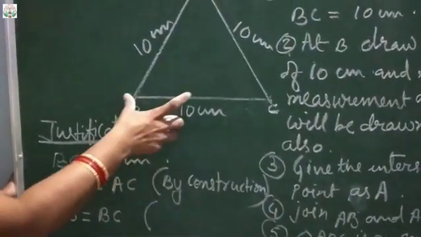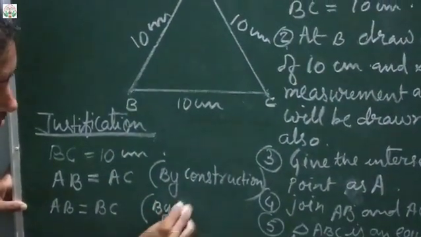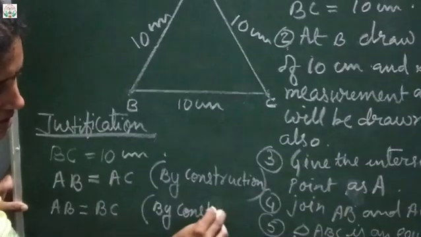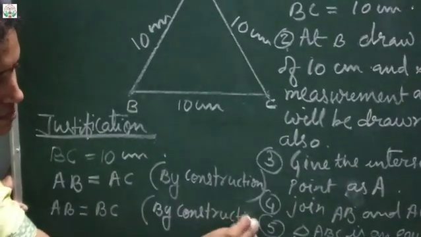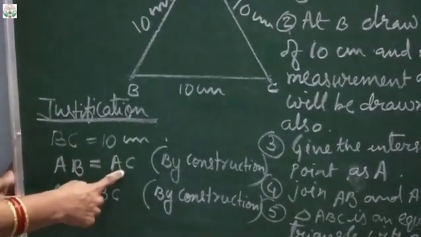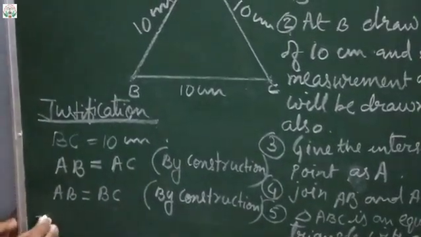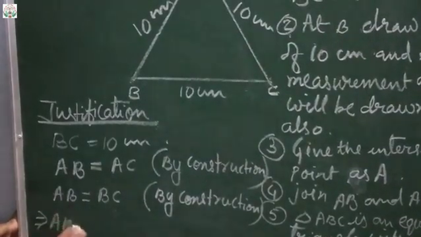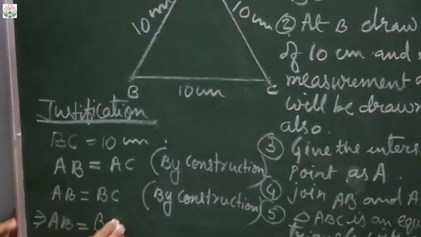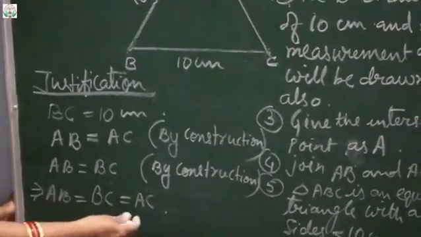That also is because we have taken a 10 centimeter arc, so this is also by construction. So AB is equal to AC and AB is also equal to BC. That implies AB equals BC equals AC, which means all sides are equal.